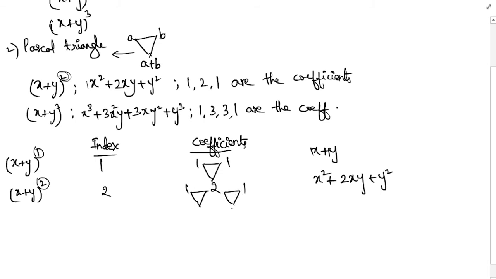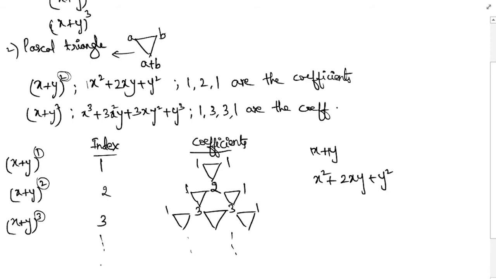So always 1 comes at the end, and the addition of the above numbers in the triangle comes in the middle. Suppose we consider x plus y whole cube, so index is 3 here. It will be 1 plus 2, that is 3, and 2 plus 1, that is 3, and again 1 and 1. In a similar way we can write for index 4, 5, and so on up to n.